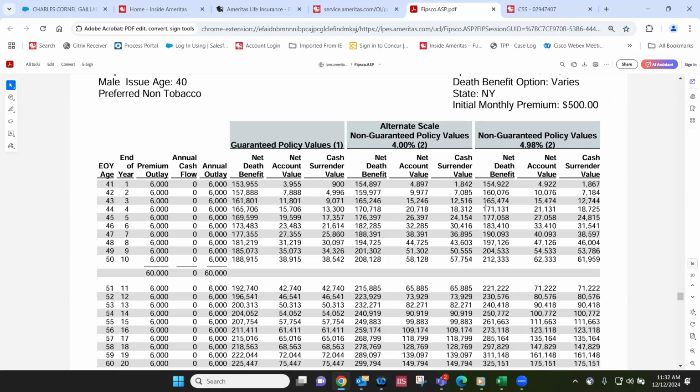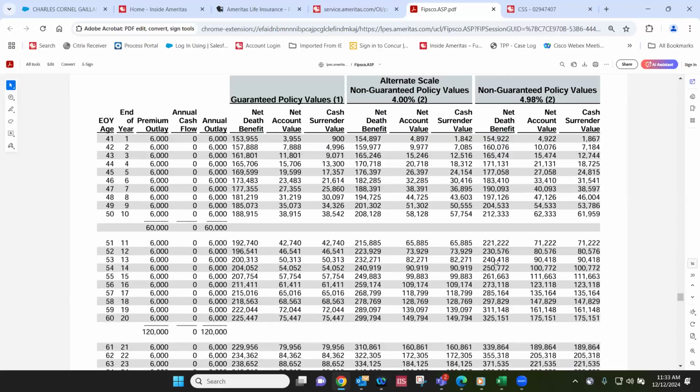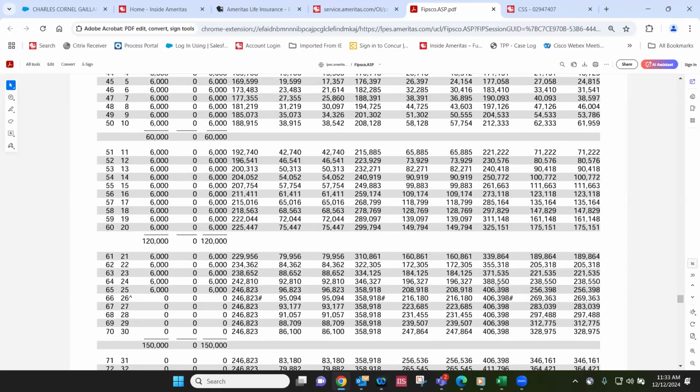Remember, we're still doing death benefit option B. So this is increasing as he is funding this all the way to 65. This death benefit grows quite nicely from 150 to 200 to 250 to 270 to 325.